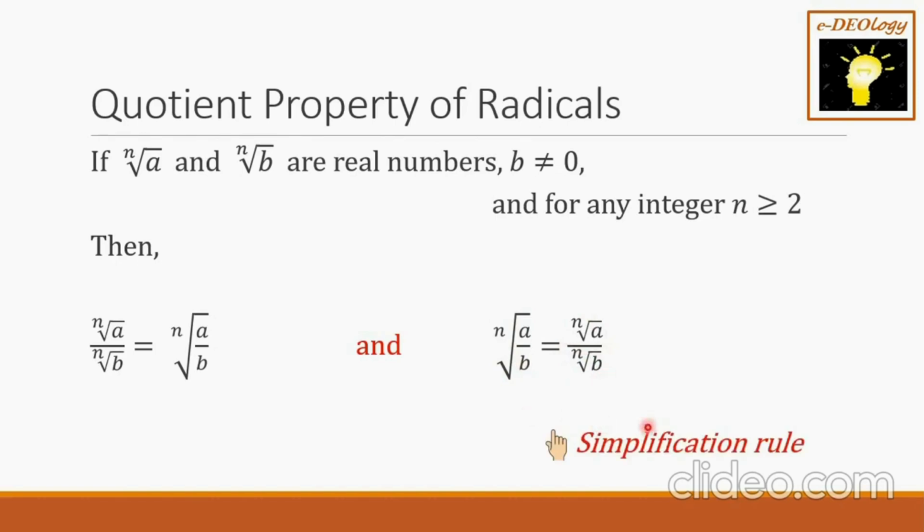This is actually now called the simplification rule based on that quotient property of radicals. If you notice, this equation here is also that quotient property, but the positions of the left side and the right side are interchanged.